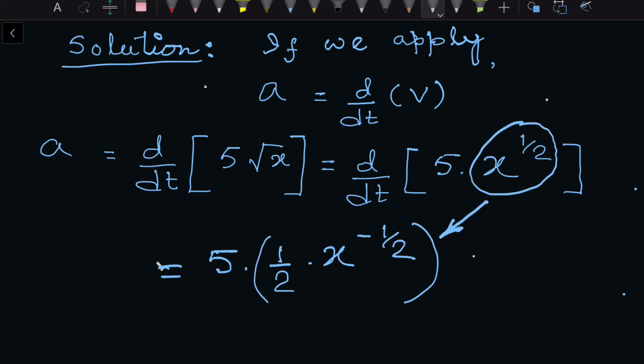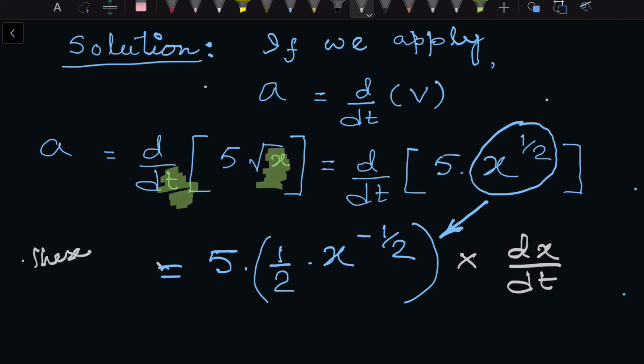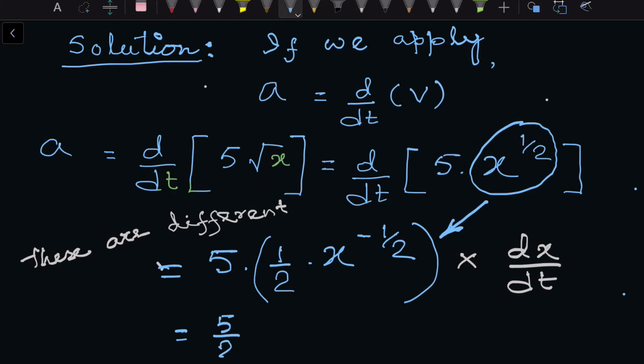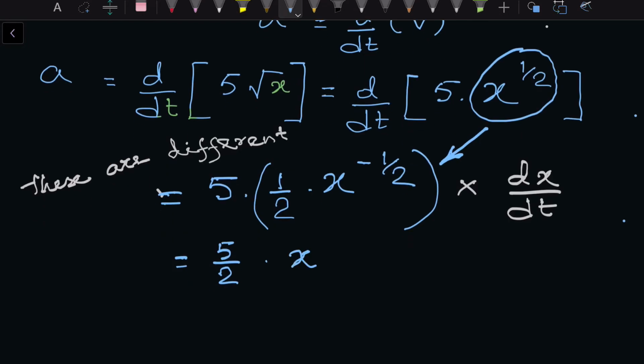So I think you understood this differentiation. Then into dx by dt. This is the part you need to understand. See here, t and x are not same. These are different. So whenever you find different quantities to be differentiated, then you need to do this, an extra thing.